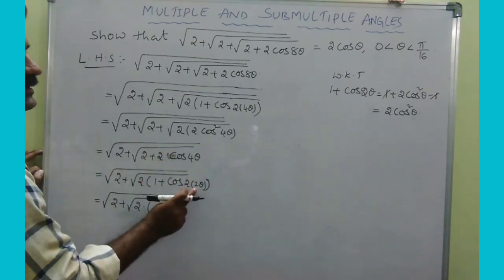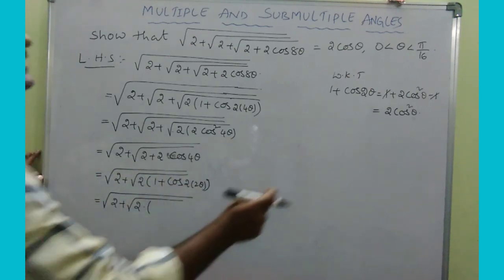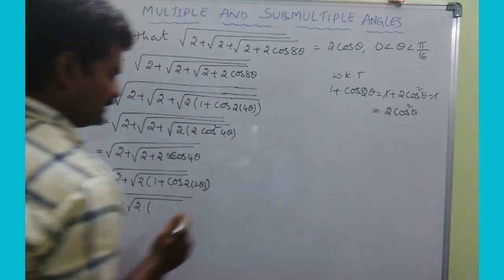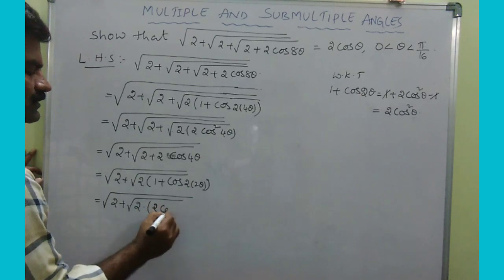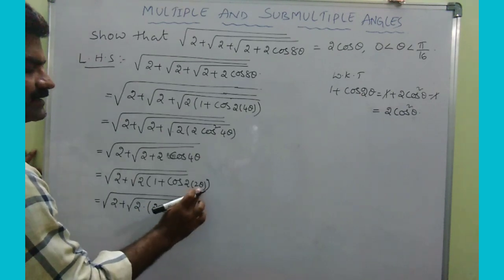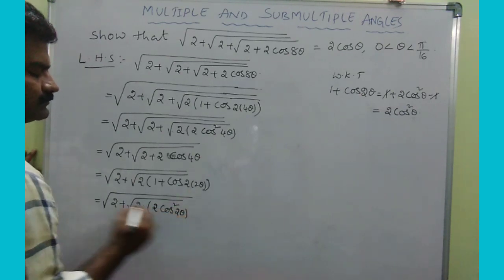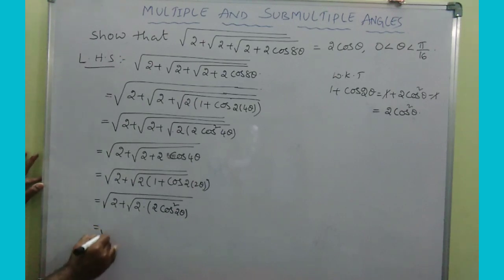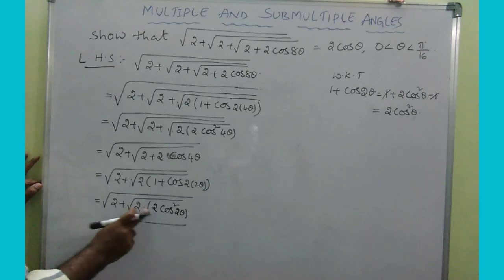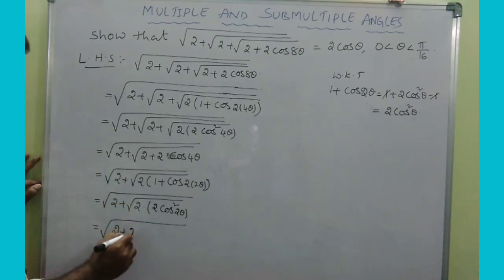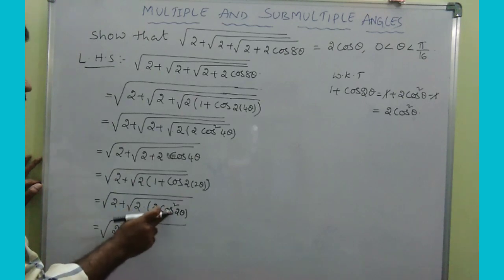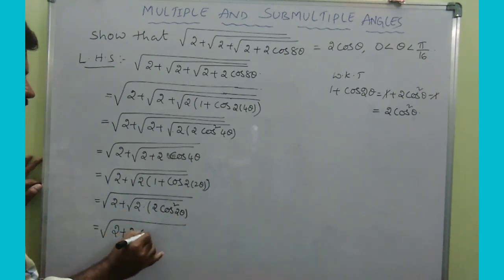In the place of theta we have 2 theta. So the answer is 2 cos square 2 theta. So this is once again root of 2 plus, anyhow 2 into 2 is 4, but root 4 is nothing but 2, and root of cos square is nothing but cos 2 theta.